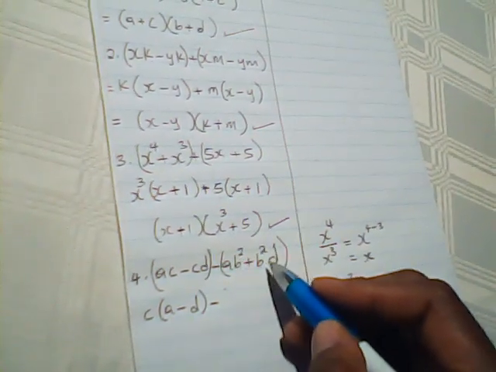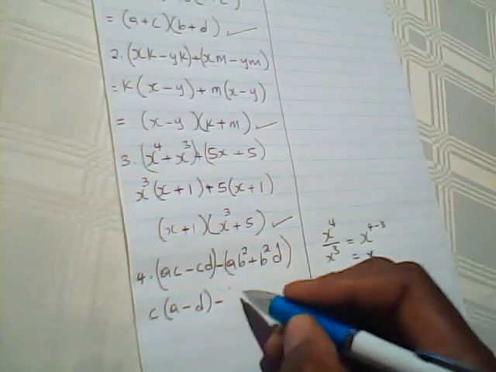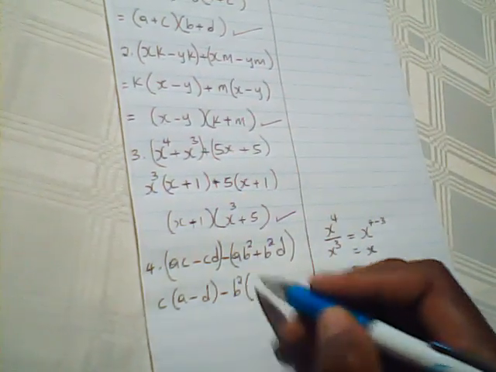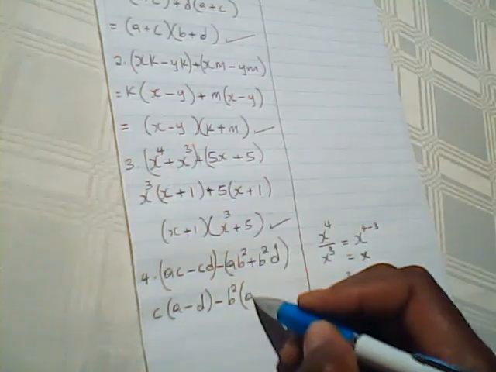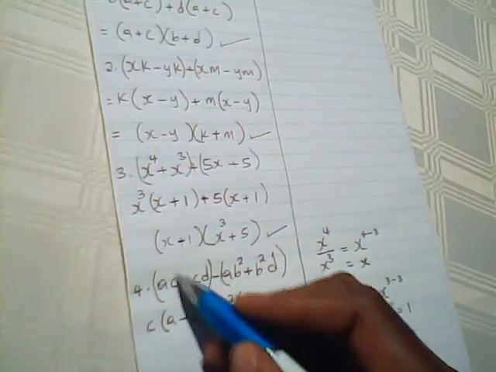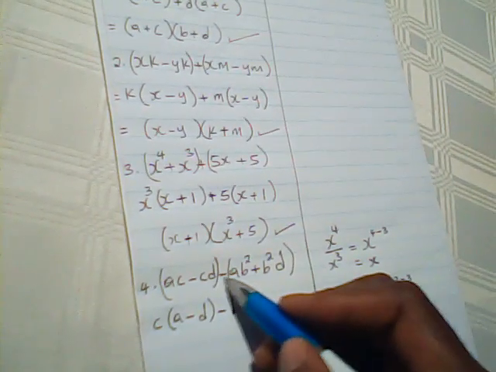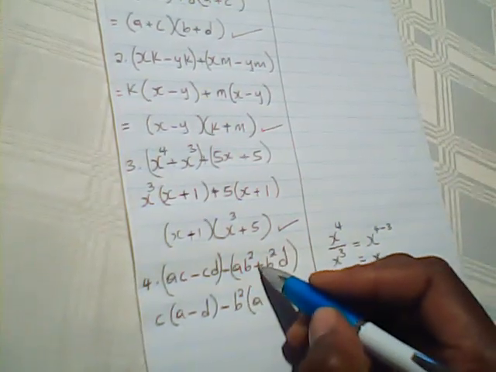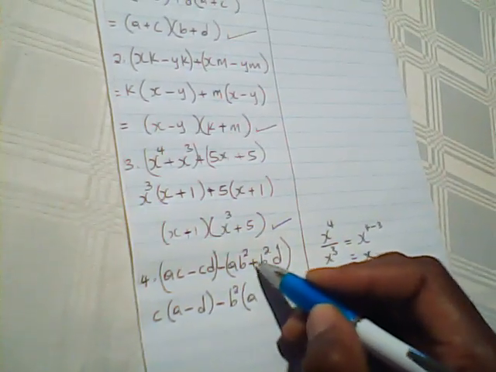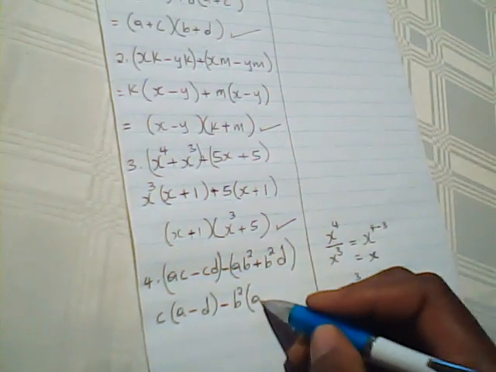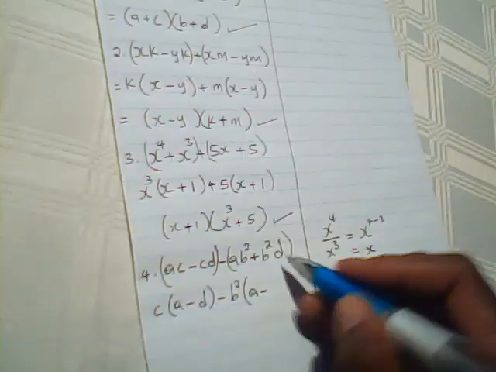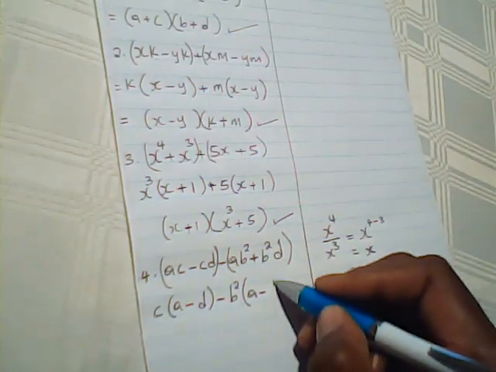AB squared, B squared D, our common factor is B squared. Open up brackets. You are left here with A. Now, because those two groups are separated by a negative, we are going to change this sign inside here. In this case, we are having a positive sign, so we have to change it to a negative. Then we are left with D.